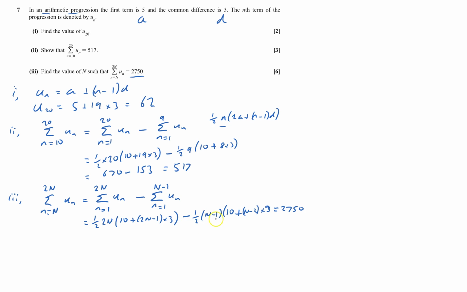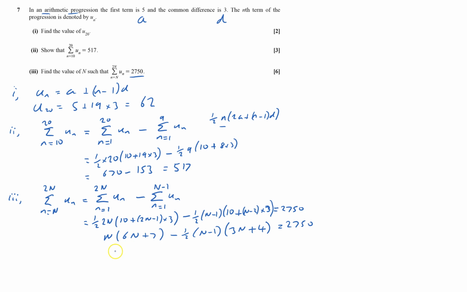Now I've got an equation with one unknown, that's n. So half of 2n is n, times, I've got 3, that'll be 6n, 10 take away 3 is plus 7, minus half of (n minus 1), so I should close the bracket there, times, that'll be 3n, 10 take away the 6, that'll be plus 4, and that equals 2750.